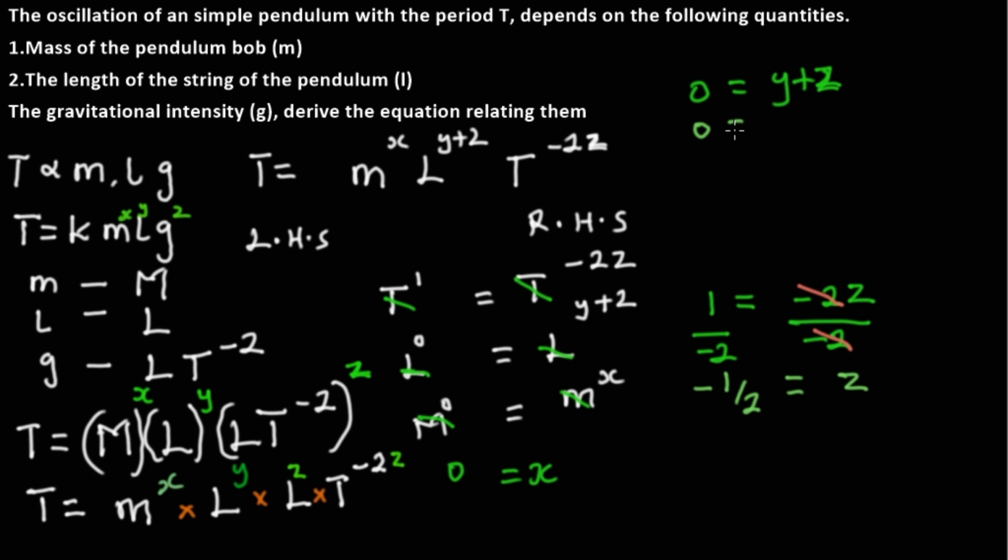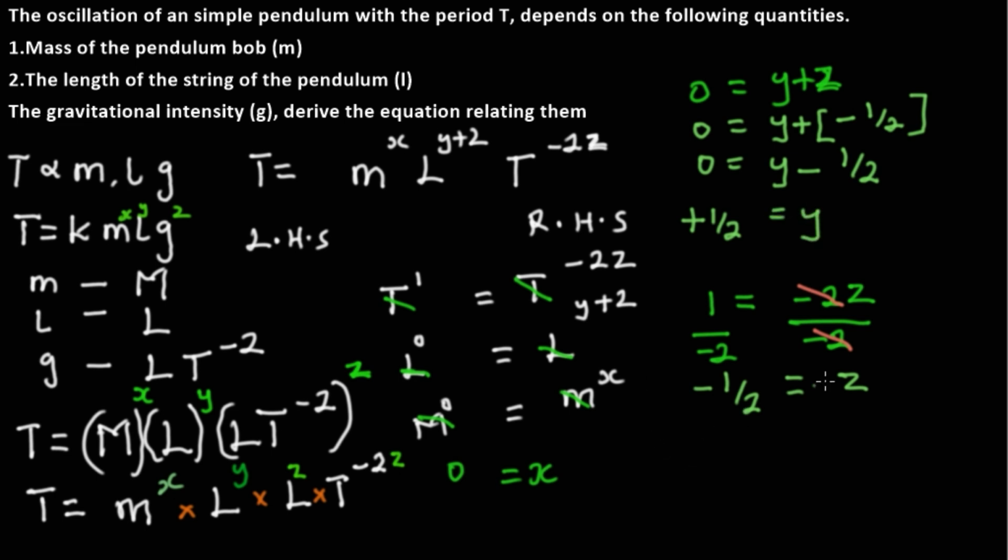We say 0 is equal to y plus bracket z, which is minus 1 over 2, minus 1 over 2. Then we have to open the bracket. 0 is equal to y plus times minus gives us a minus sign, minus 1 over 2. So we can take the negative 1 over 2 to the left hand side, crossing the equality sign, it becomes positive 1 over 2 is equal to y.